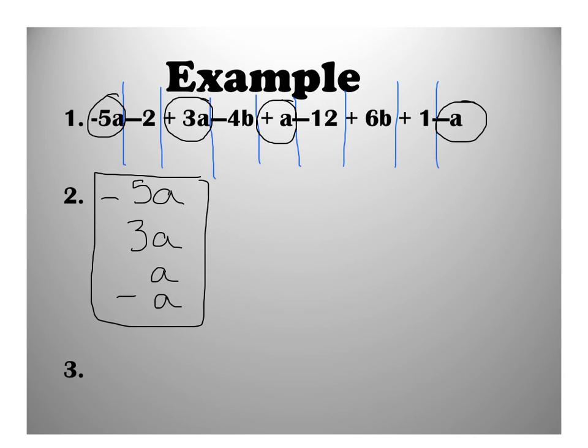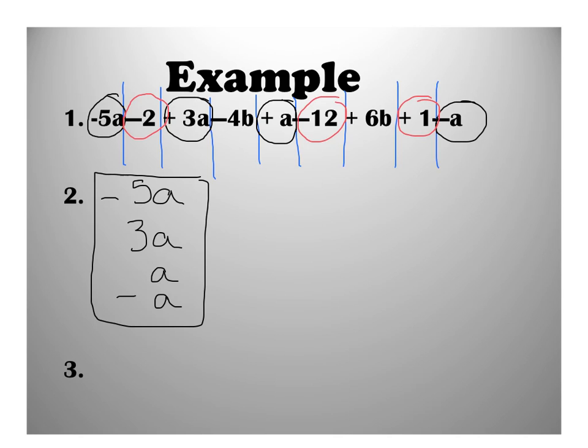Now we're going to find some more like terms. So I'm going to go next to negative 2. What else is like terms with negative 2? Well, I see negative 12 and positive 1.